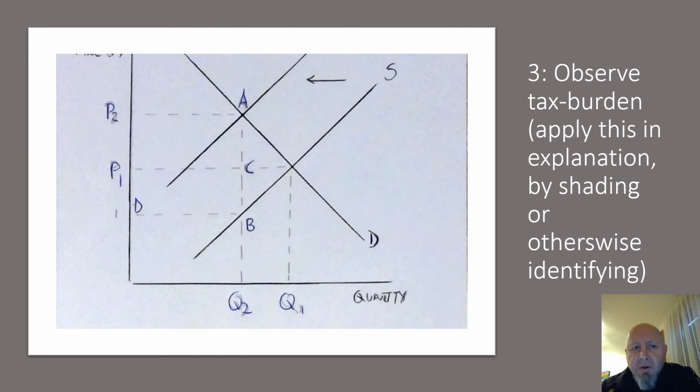For the producer, that burden is P1, C, B, D. This tax burden is because that area once belonged to community surplus, but now has to be paid over to the government as tax revenue.